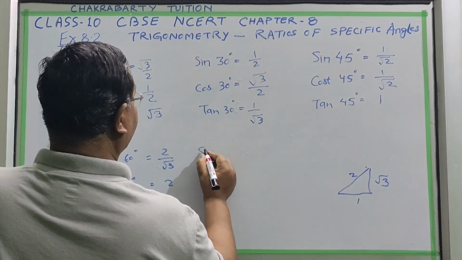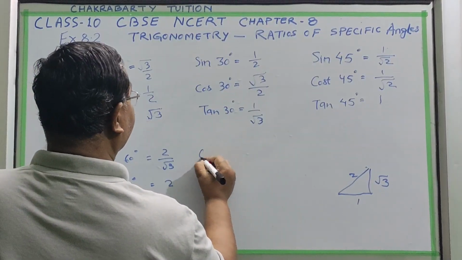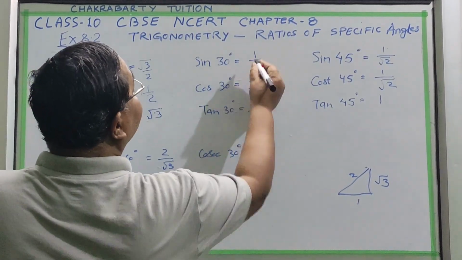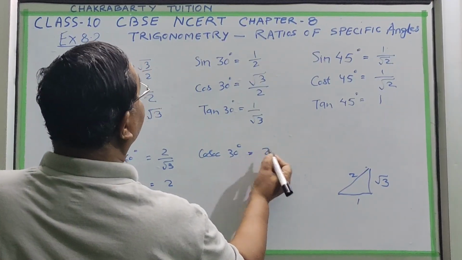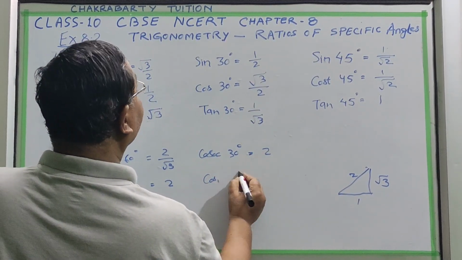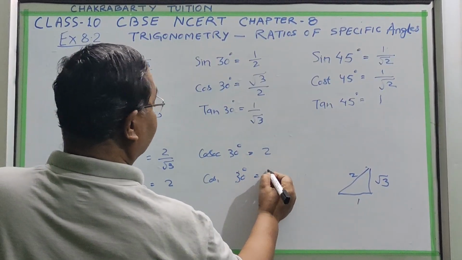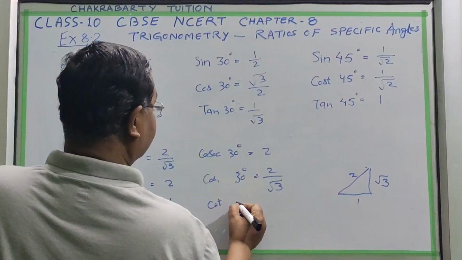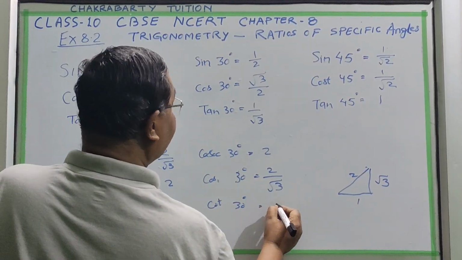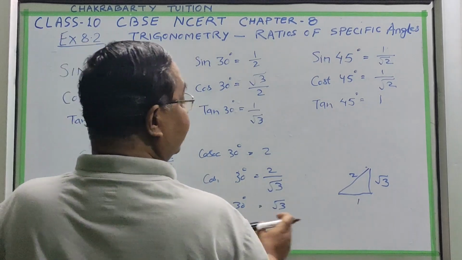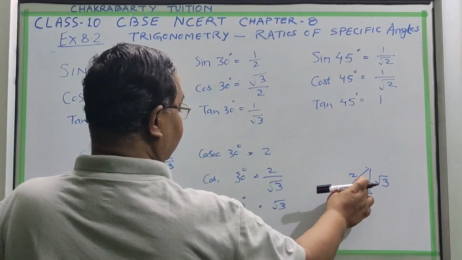Sine, cosec. Cosec 30 degree will be just the opposite: 2 upon 1, which means 2. Sec 30 degree is equal to 2 upon under root 3. And cot 30 degree is equal to under root 3. We can check also. Now cot will come from here to this side.